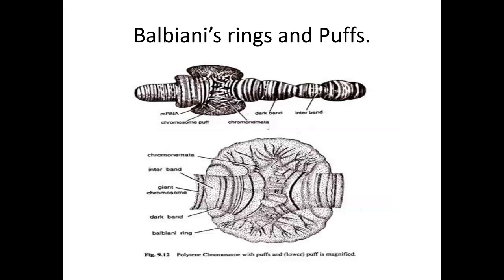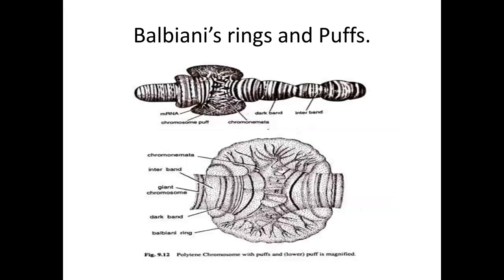Now see this diagram of Balbiani's rings and puffs. The chromosome puff is generally present at the center. Dark and light bands are present alternately on these Balbiani's rings.